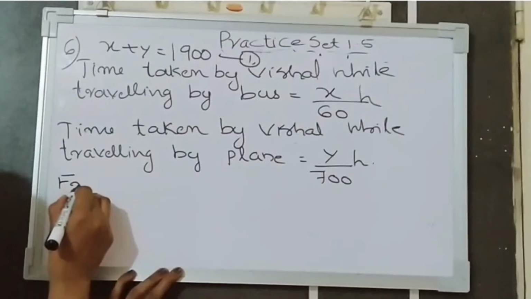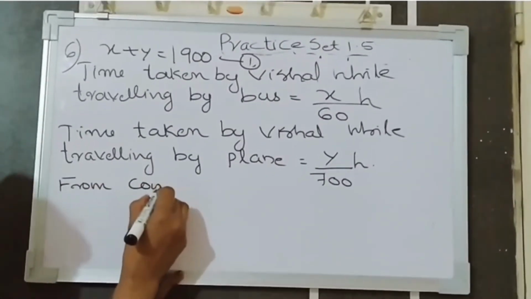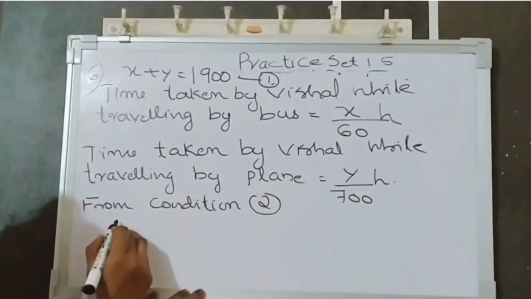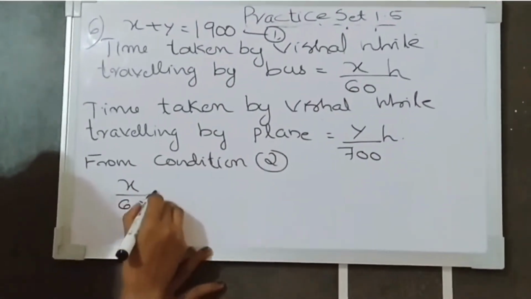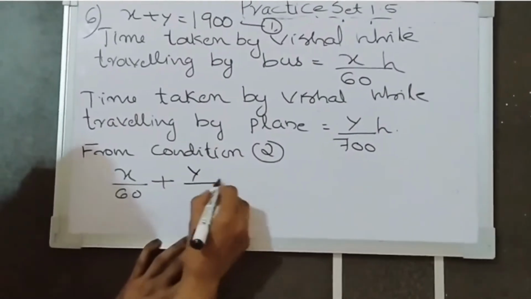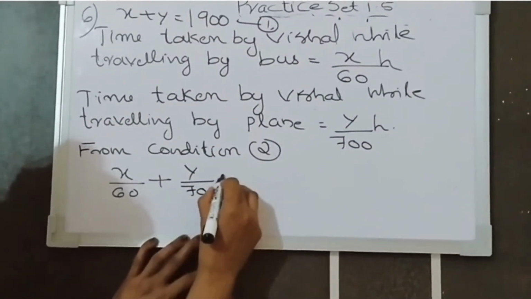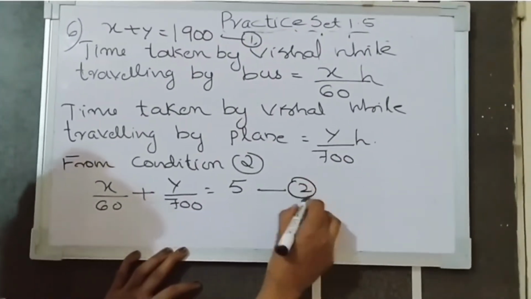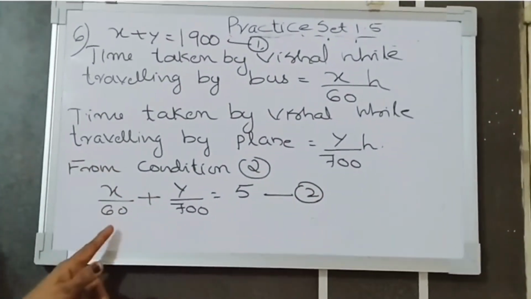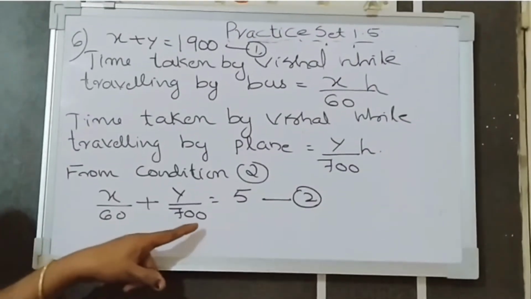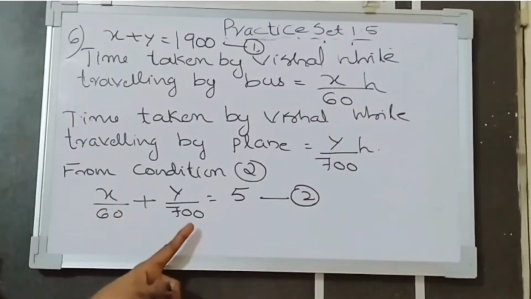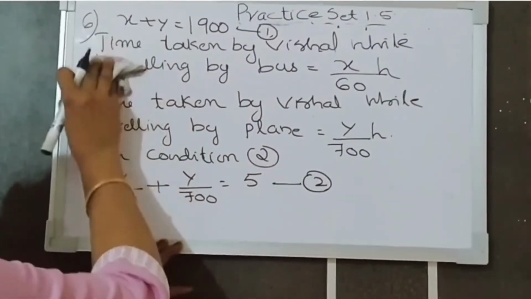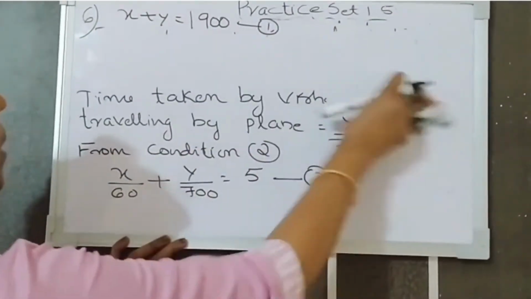Therefore, from condition 2, x by 60 plus y upon 700 is equal to 5 hours. This is equation number 2. Here the two denominators are different. Therefore, we have to take the LCM of 60 and 700. The LCM of 60 and 700 is equal to 2100.